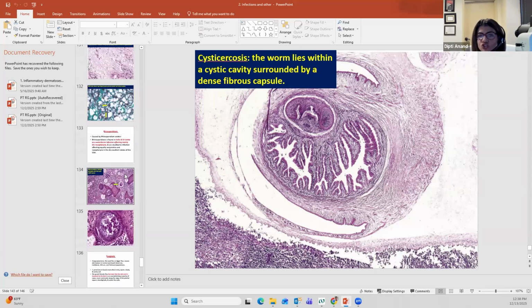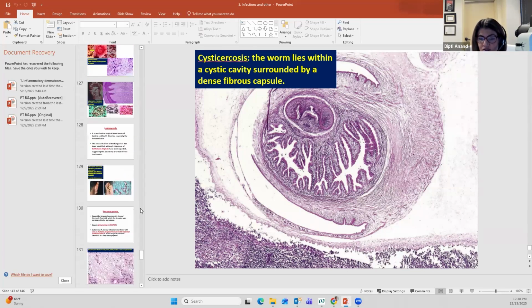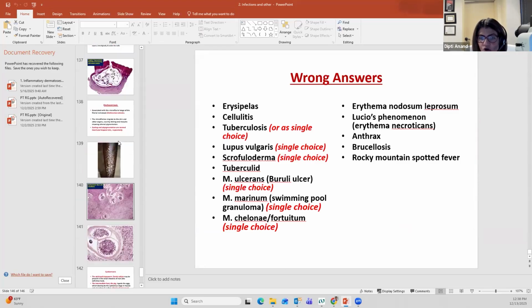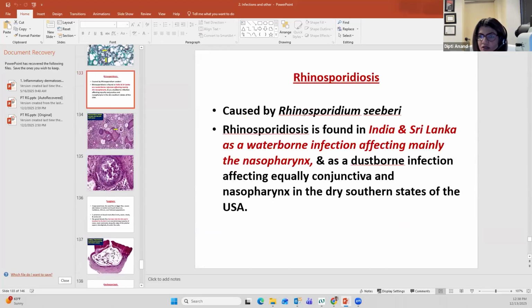Another big organism, which is not a parasite but actually a deep fungus, is Rhinosporidium. But just for the sake of the size of it, I want to talk about it here. So, rhinosporidiosis. Don't confuse this with Klebsiella rhinoscleroma infection. That's a bacteria, okay? This is rhinosporidiosis. It's more common in India and Sri Lanka.